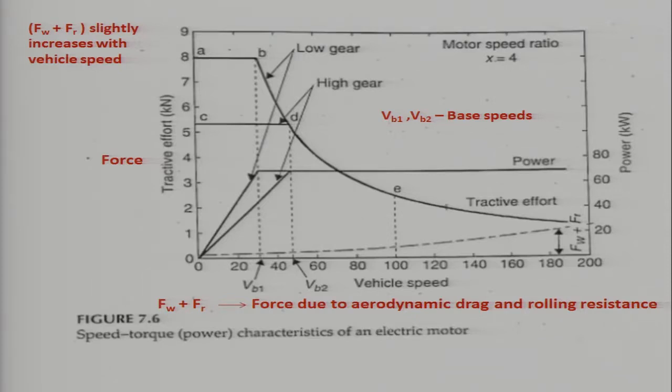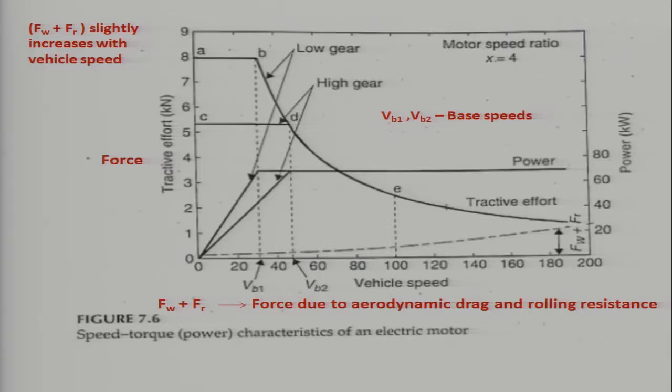On the power characteristic, you have one characteristic for the low gear and one for the high gear, with VB1 and VB2 as the two base speeds.